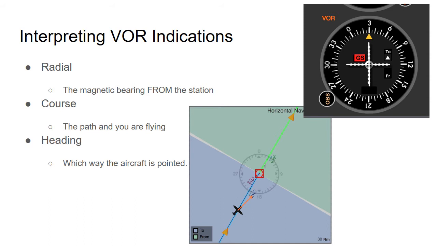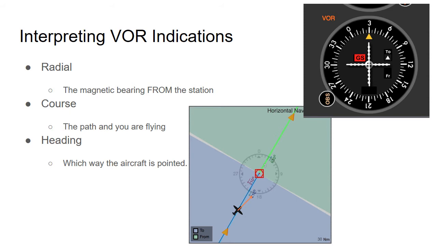The course is the path you are trying to fly, including the direction you are traveling on that path. The aircraft shown here is tracking a course of 030 degrees. The heading of the aircraft is simply which way it is pointed. You can see that this aircraft has a heading of about 040. Using the wrong term can lead to confusion.